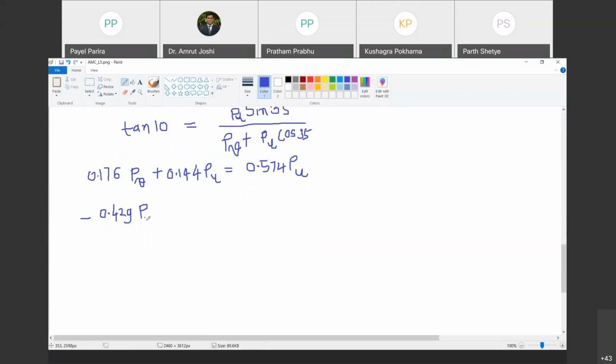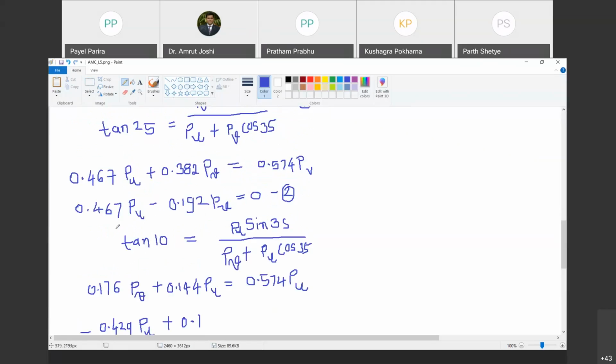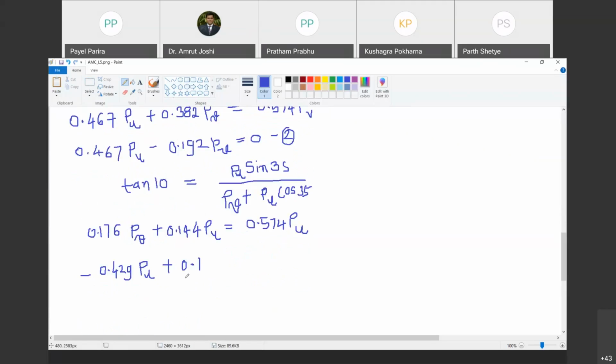PU and plus 0.176 PV. See, I have rearranged it. In the first equation PU was first, so I have maintained the same here, 0.176 PV. Are you with me? This must be equal to 0. This is the third equation. Now can you solve equation number 2 and 3 simultaneously on calculator?